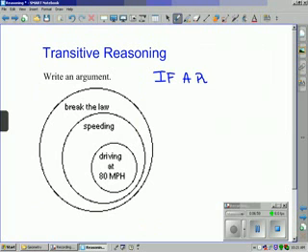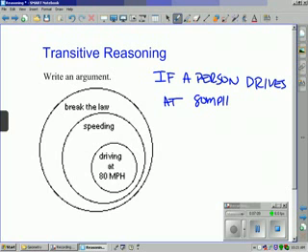So if a person drives at 80 miles per hour, then we look to our diagram to see what the conclusion of that's going to be. And we go to the next circle, which is speeding. Then we can say, then they are speeding.